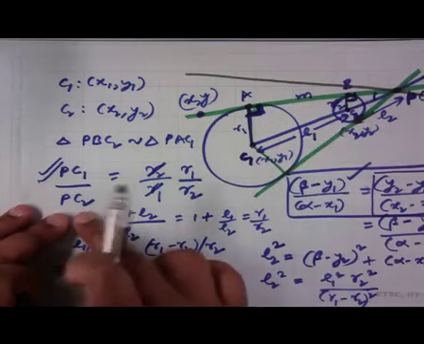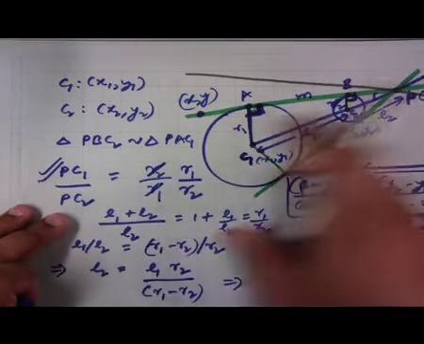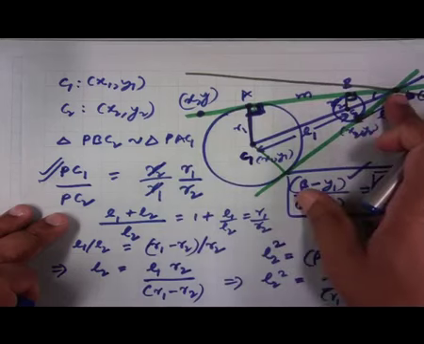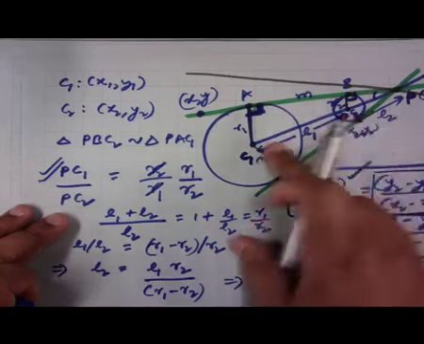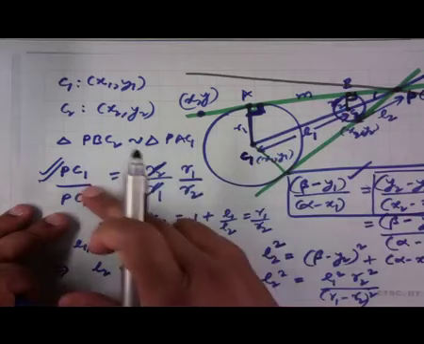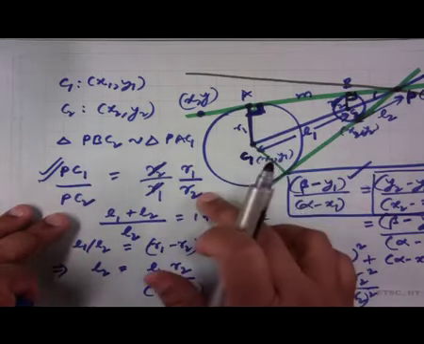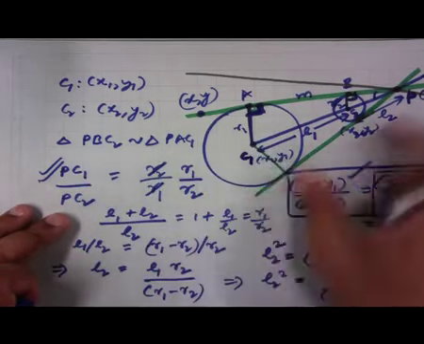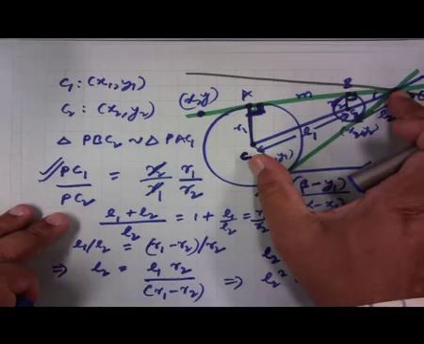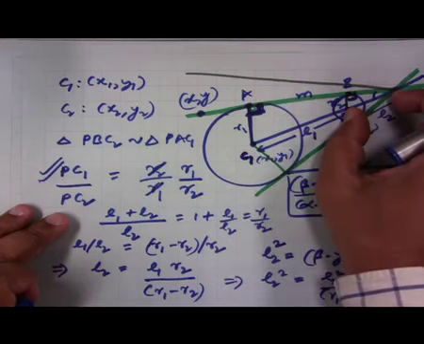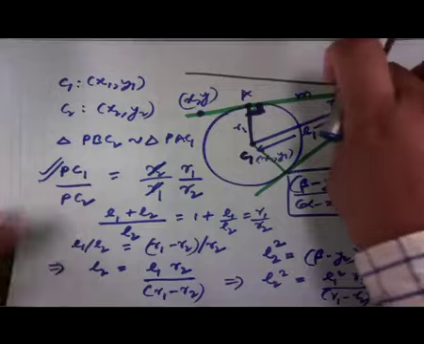So, this point P, where the two direct common tangents meet, divides the straight line joining the centers of the circles externally in the ratio R1 to R2. So, PC1 divided by PC2 is equal to R1 divided by R2.